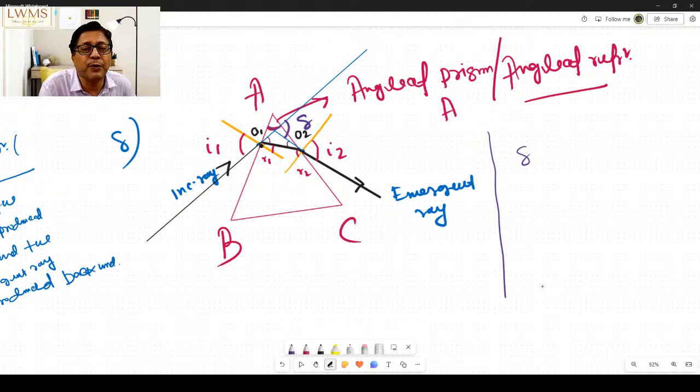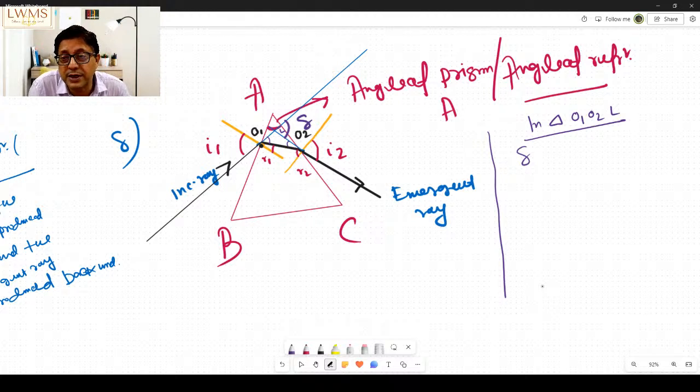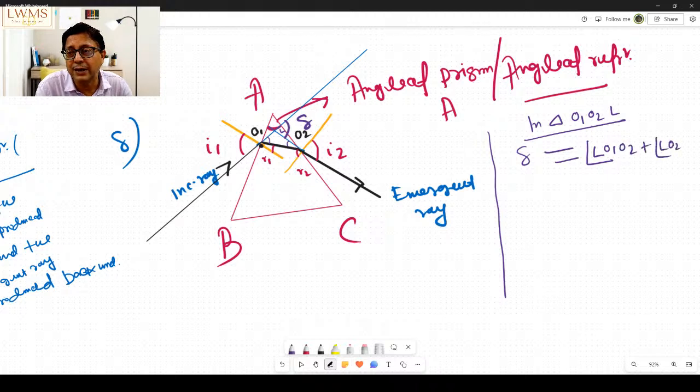O1, O2 and this meeting point, if you take L, so in triangle O1 O2 L, L is their meeting point. Incident ray produced forward and emergent ray produced backward. In triangle O1 O2 L, delta is the exterior angle. This is nothing but angle L O1 O2 plus angle L O2 O1.